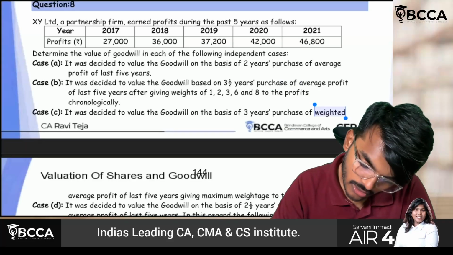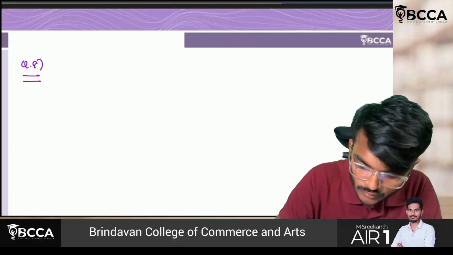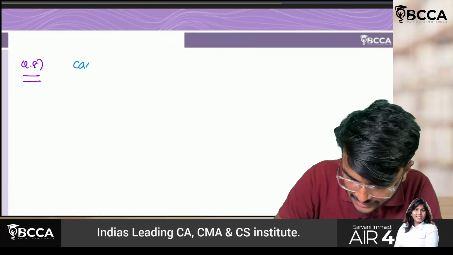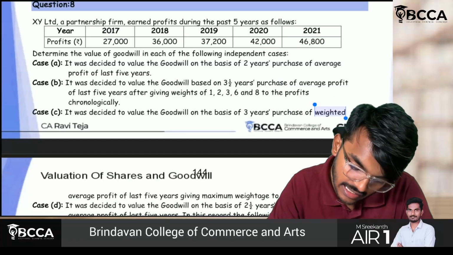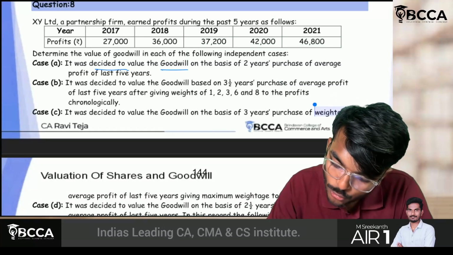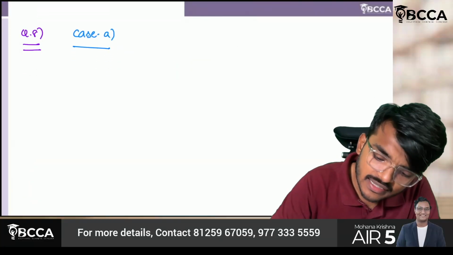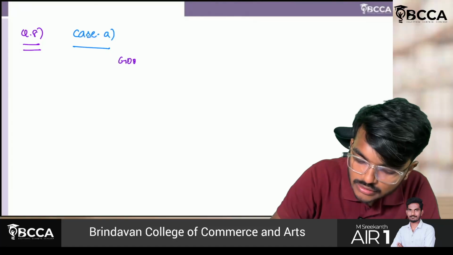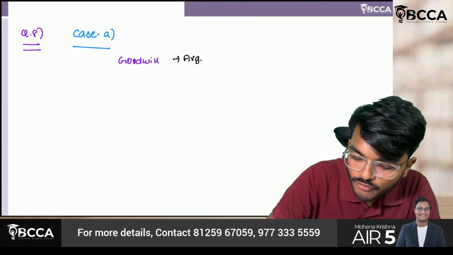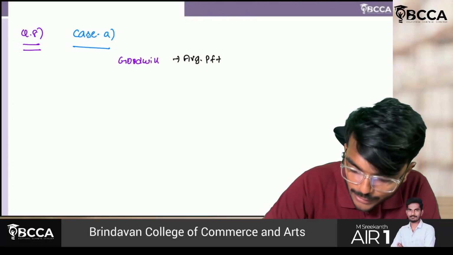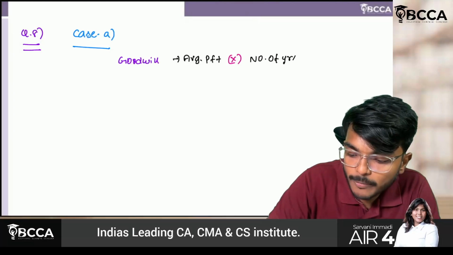Question number 8, let us write case A. It was decided to value the goodwill on the basis of 2 years purchase of average profit for the last 5 years, which means my goodwill value will be average profit into number of years of purchase.